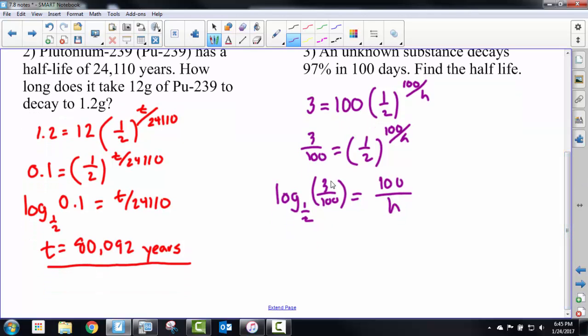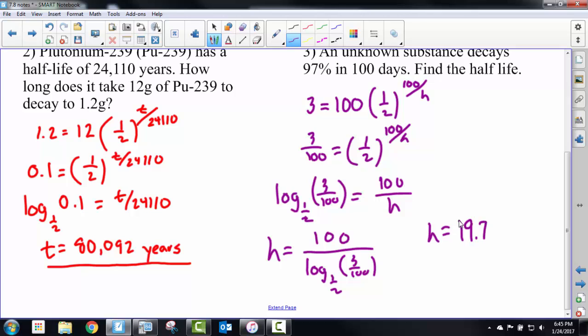Now to get from here to h might be a little tricky for some of you, but think about it this way. Let's multiply everything by h, then divide by the logarithm. So we're going to have 100 over the log base 1/2 of 3/100ths. Okay, and I've got the half-life then to be about 19.77 days.